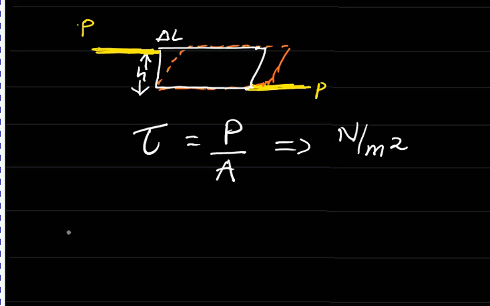With what we have so far, we can also define shear strength, because every stress will produce an equivalent strength. A shear stress on a material will produce a shear strength. What is the shear strength? We are looking at the angular deformation per unit height or per unit depth of this material.